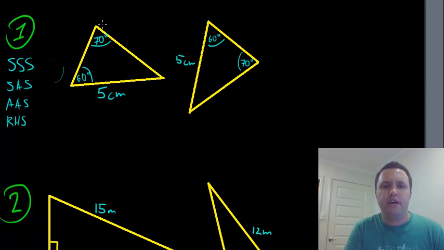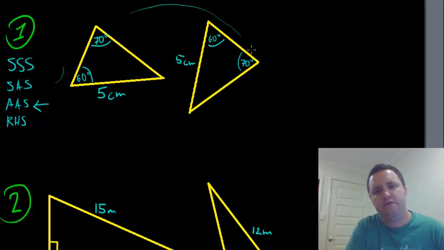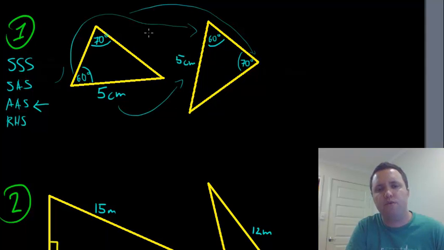We've got a triangle here. We have an angle of 70 degrees, an angle of 60, and a side. So we have two angles and a side. We might be thinking about angle, angle, side. So let's investigate. Our 70 is here, they correspond to each other. This 60 corresponds to here, and this 5 centimeters corresponds to here, and they're all in the same position.